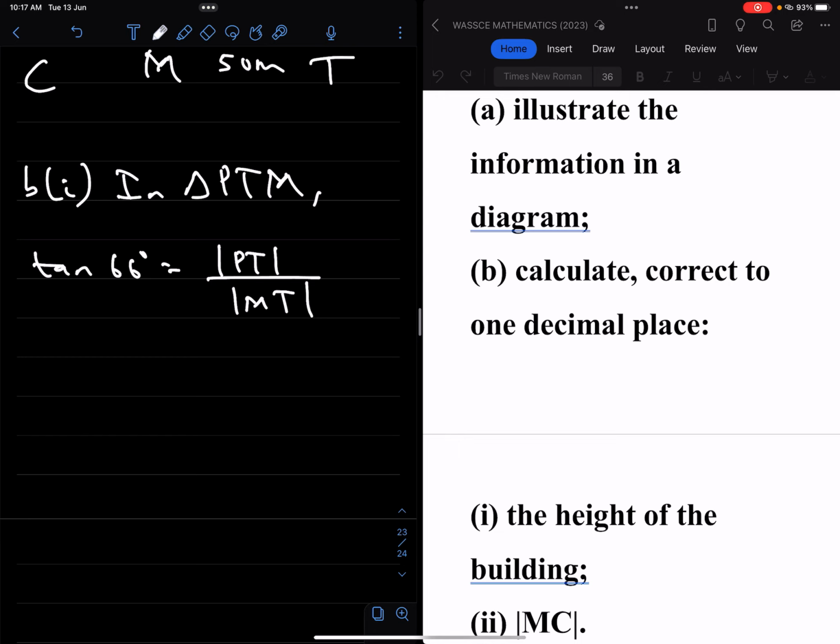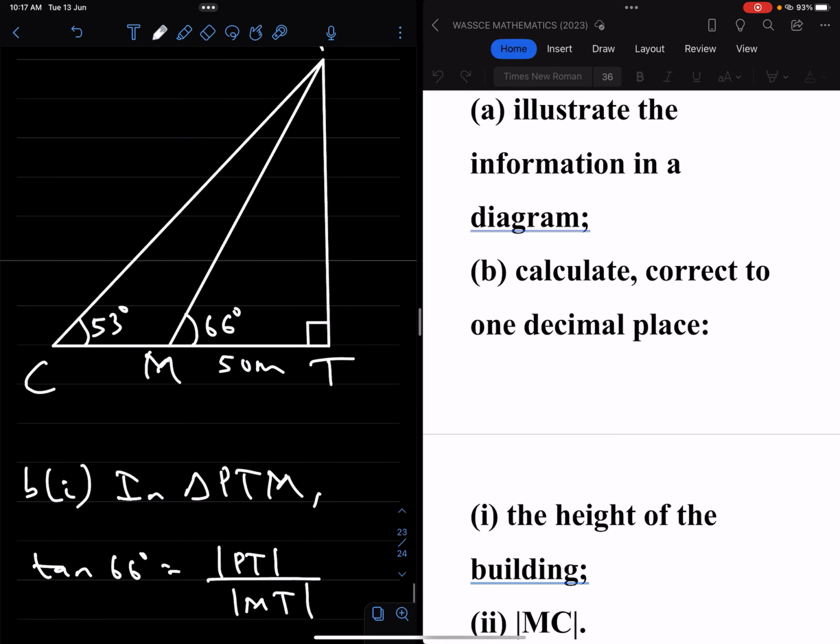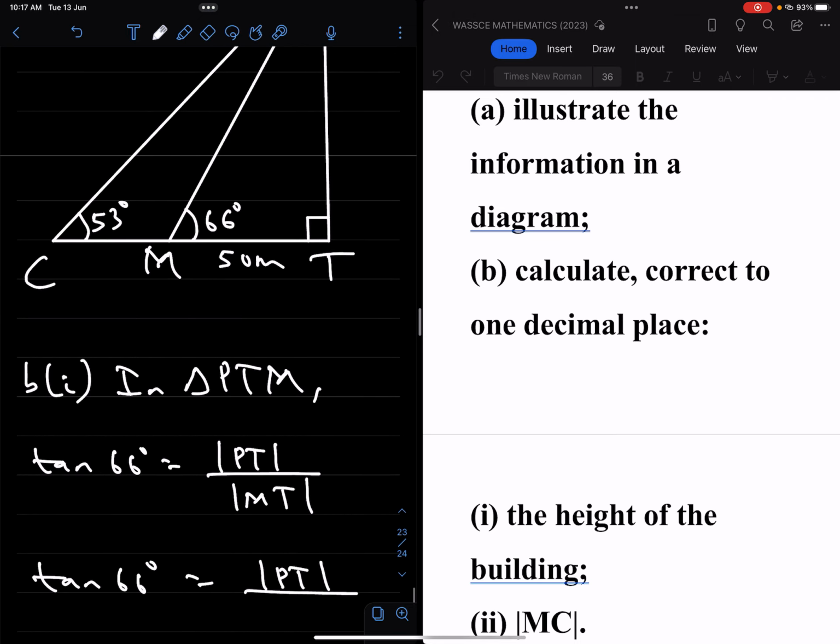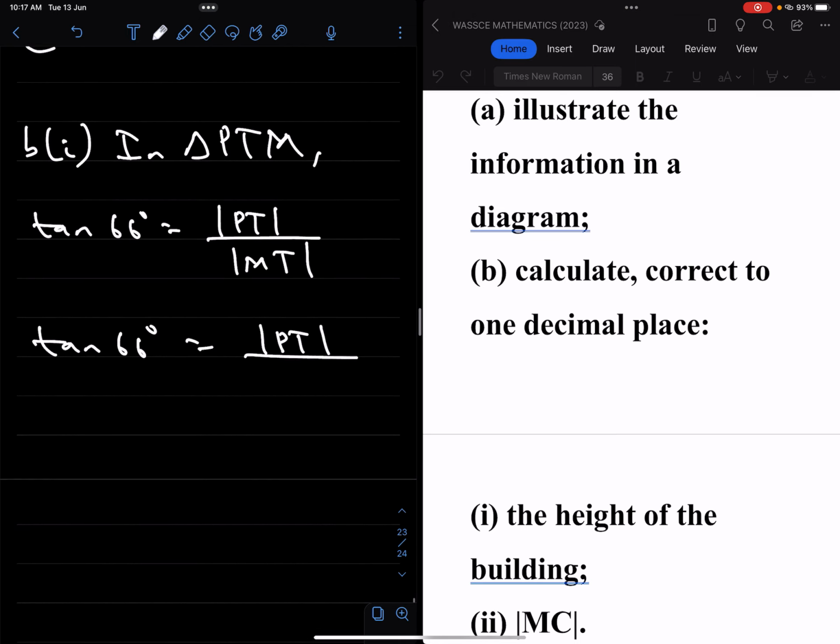So I want to find PT, and I know MT already. That means tan 66 degrees equals PT over MT, which was given as 50 meters. So PT over 50.